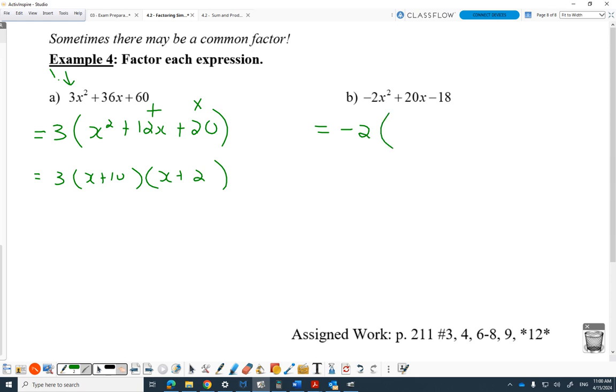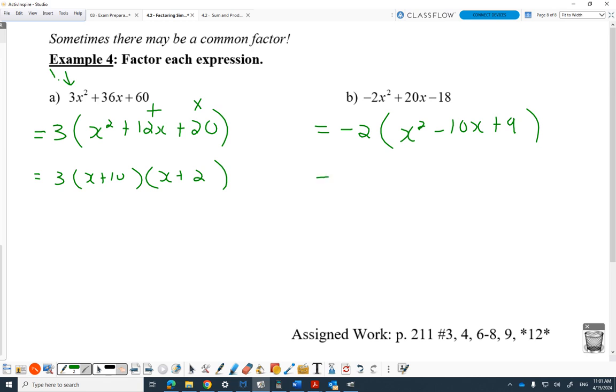That's why this example is here: if there's a negative on the front term, get it off of there. It's going to make your life a lot easier. Then I get x squared minus 10x plus 9 when I divide all of those by negative 2. I did that quickly because that was last week's homework.